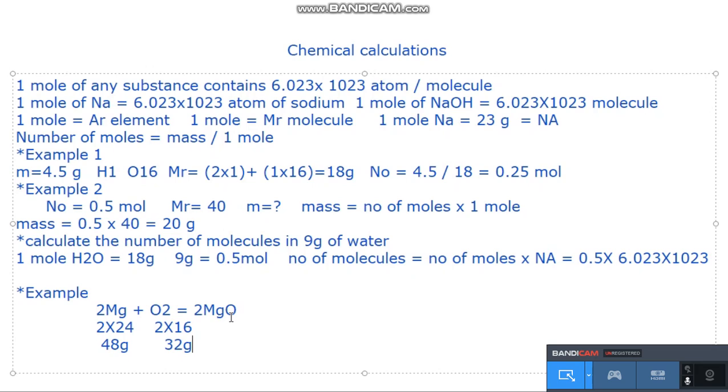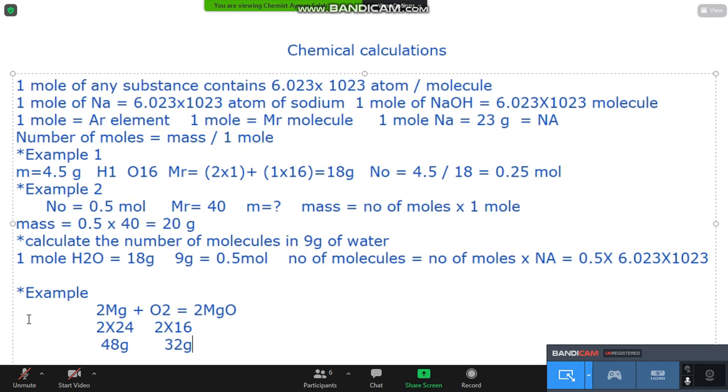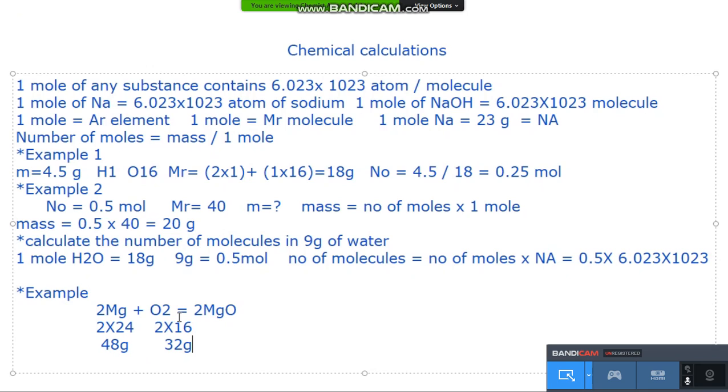So every 48 grams of magnesium reacts with 32 grams of oxygen.